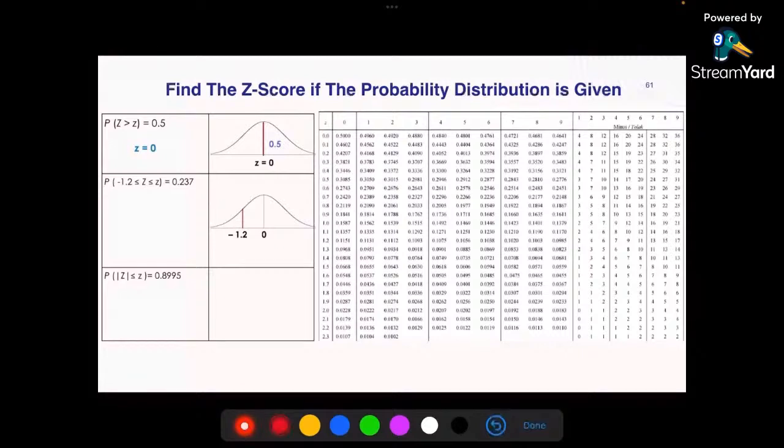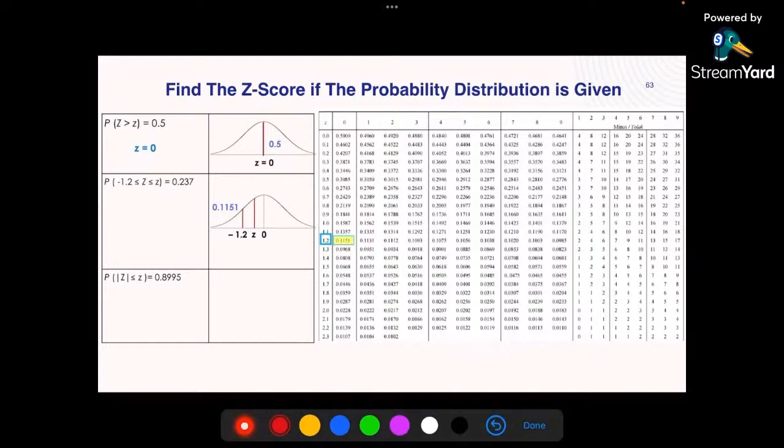Okay. 1.2, the value here is 0.1151. Okay, meaning that nak cari yang kat mana dia punya Z score, it will be here. Z dia. Kenapa? Because of this one.